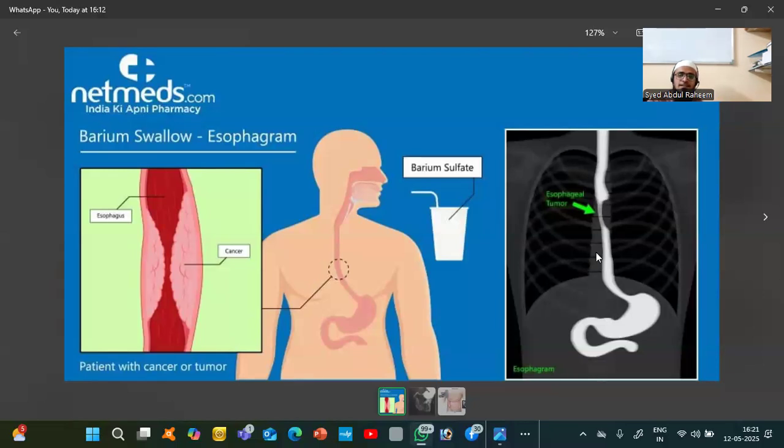You can see that this is the esophagus, and it is a tumor. When you insert the barium, you take a very clear picture of that area. Here you can see cancer in the esophagus. Barium sulfate is advised to swallow. While swallowing, the technician will take an X-ray of your esophagus or upper GI.